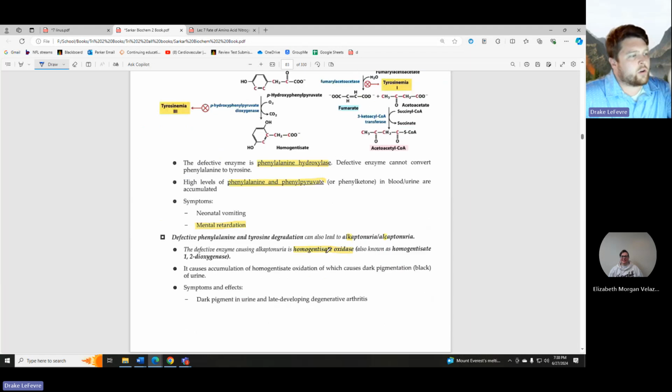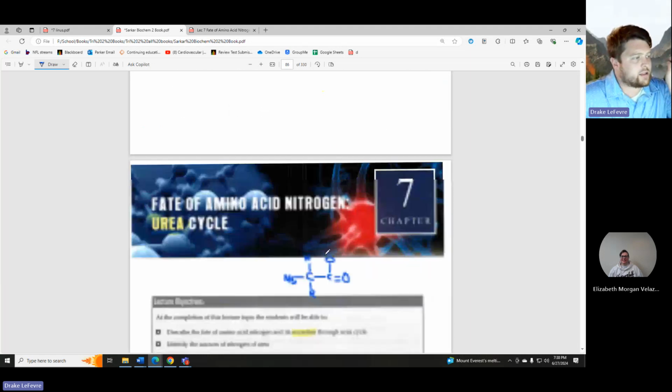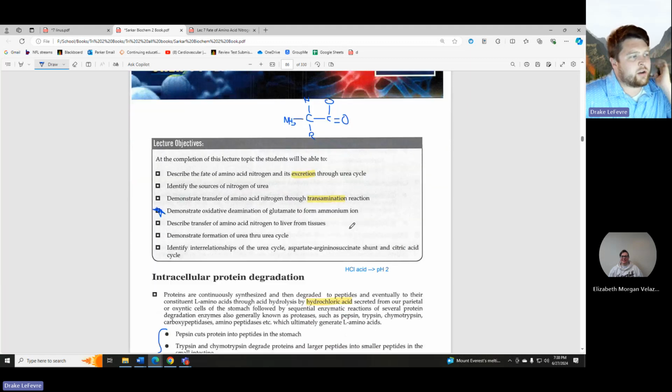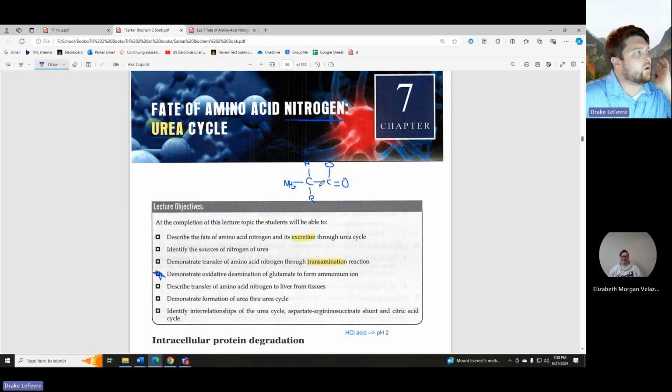We're left over with certain parts of our amino acids, specifically the nitrogen, that we need to be able to get rid of. We have to do something with that nitrogen in order for our bodies to be happy.